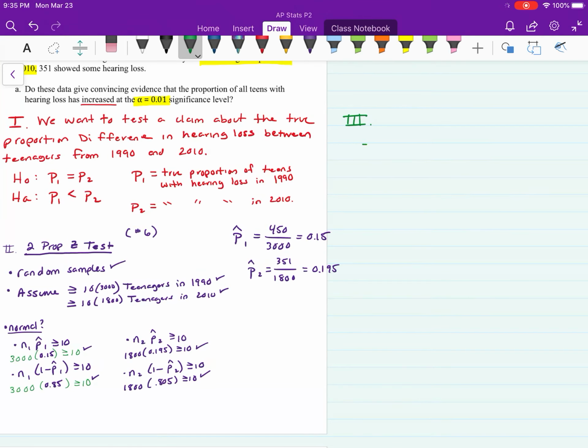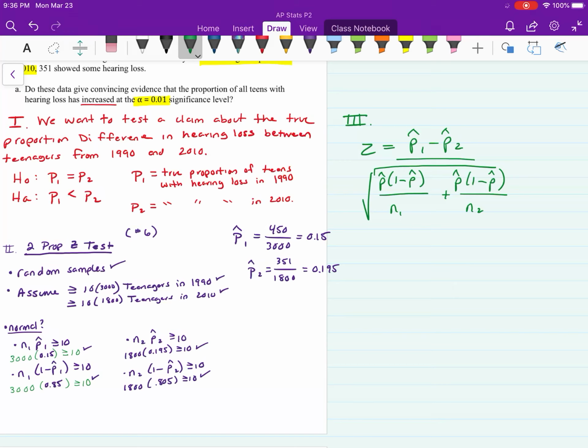So, the formula for a 2-prop z-test is z equals p hat 1 minus p hat 2 over... Now, you might be wondering at this point, did Mr. Marini just make a mistake in the denominator?